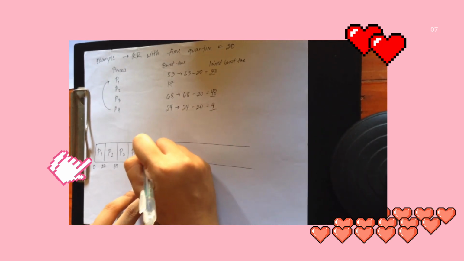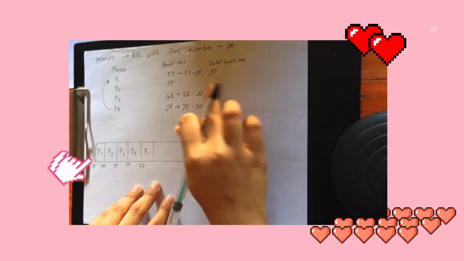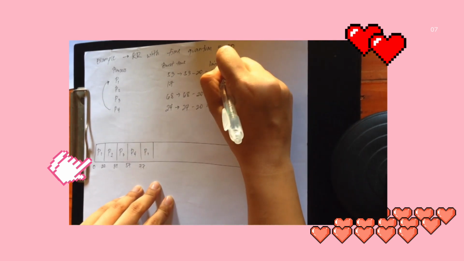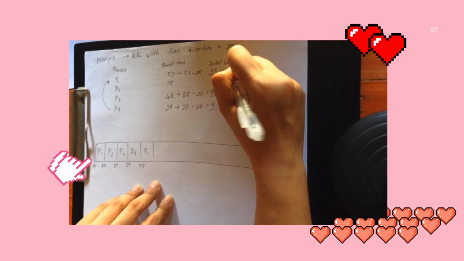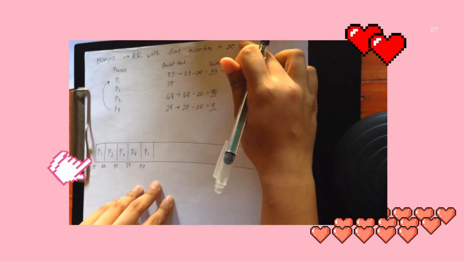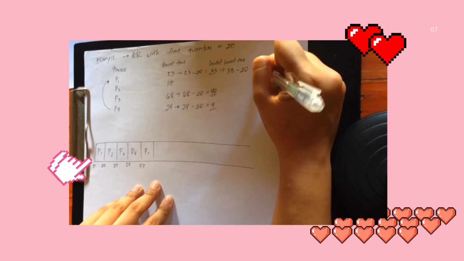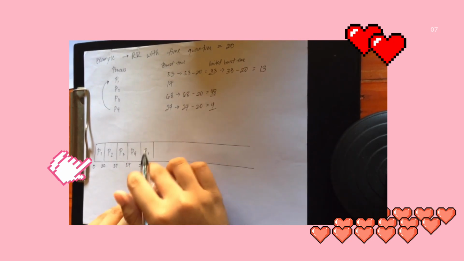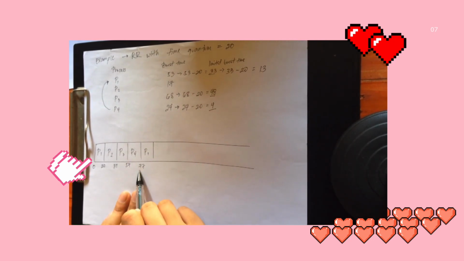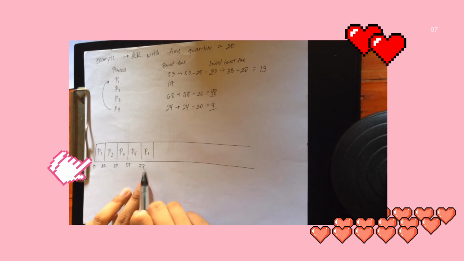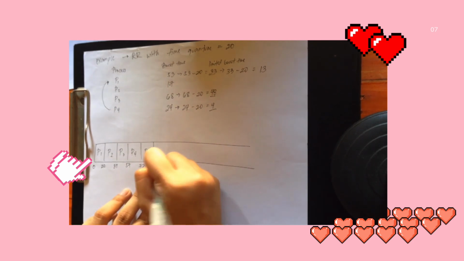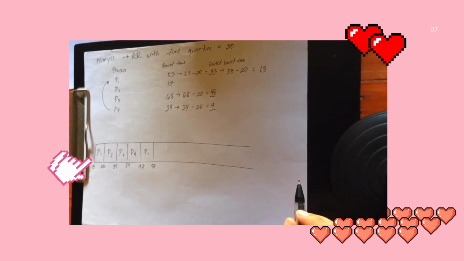So, next is P1. We have 33. 33 minus 20, our quantum time, is equal to 13. So, our P1 is 77 plus 20, which is equal to 97.